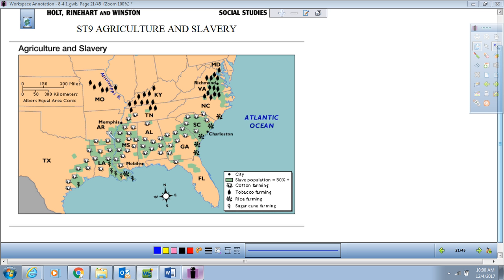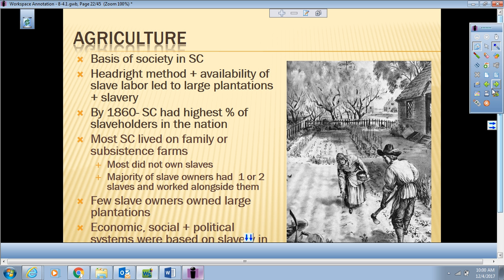But cotton was king, as they said in the South. And of course, who was buying that cotton? The North, yeah. The northern mill owner that we learned about in a previous lesson. Good job, Gabriel.